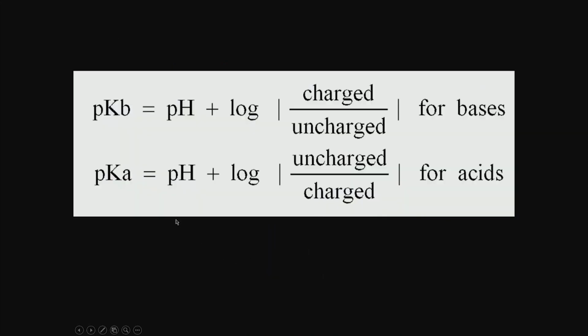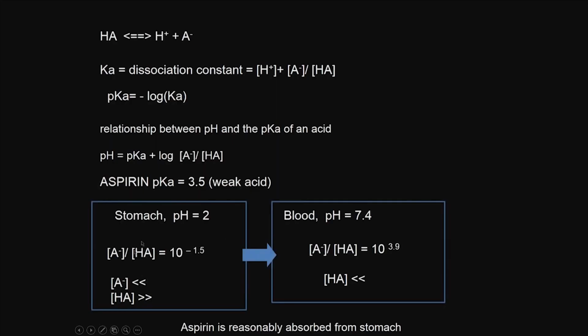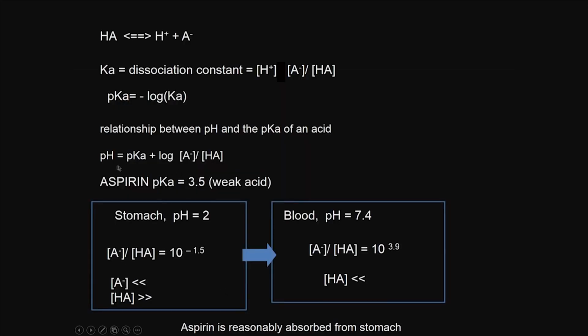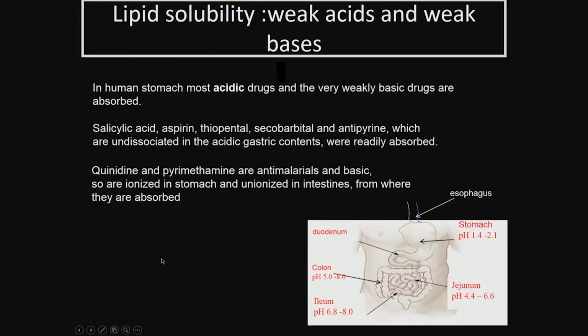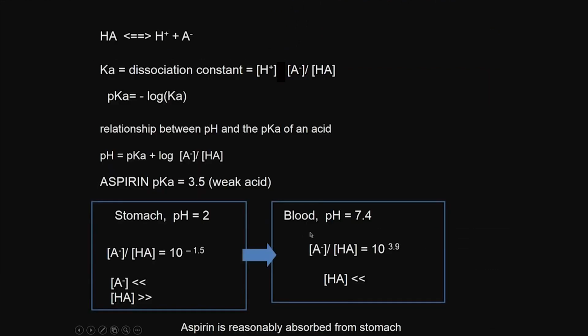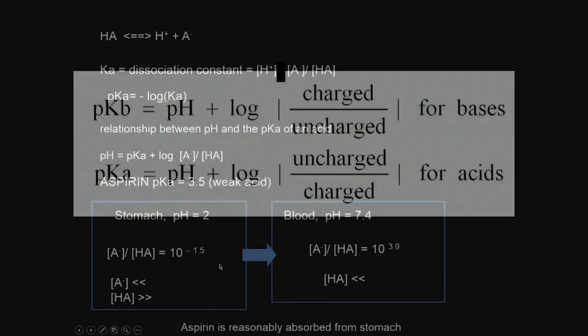Now, what is the formula connecting pKa, pH and so on for acids and bases, because we used that to calculate here. pKa is given by pH plus log of uncharged by charged for acids. When this goes to that side you will get a minus, so you can put it as reversed.